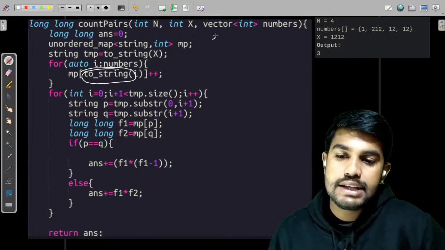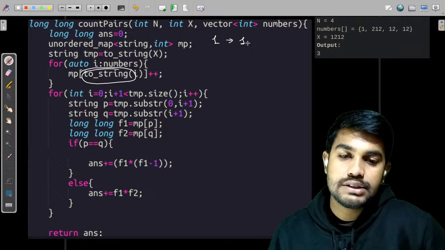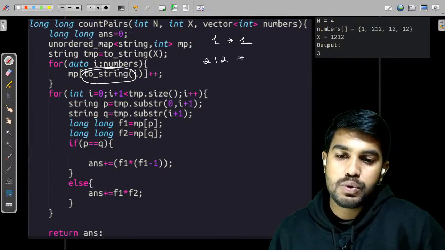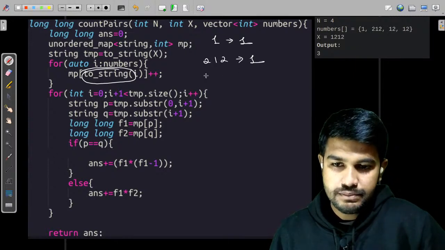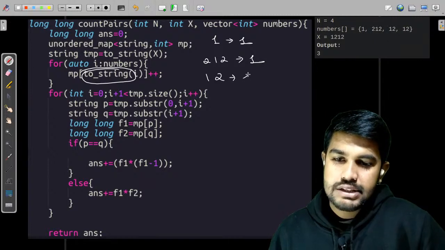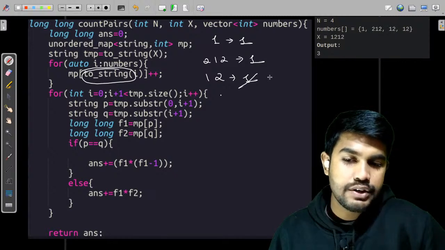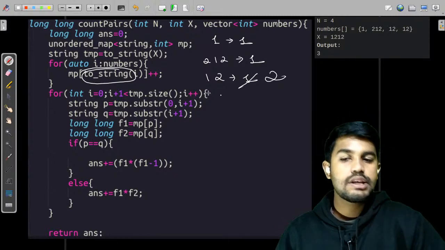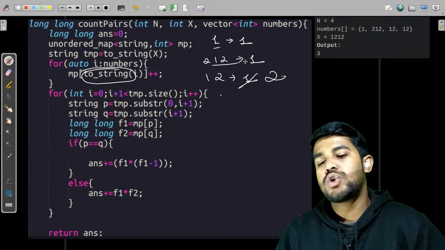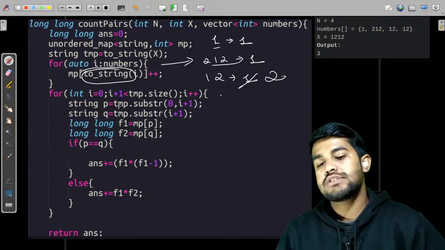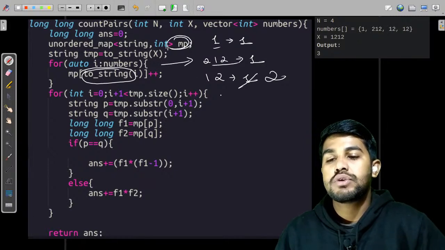So now we can say that 1 has a frequency of 1, 2 has a frequency of 1, 12 has a frequency of 1, and again 12 has a frequency of 1, but it is already there, so we would update that frequency. So I would just mark it, and this would be stored in the map.